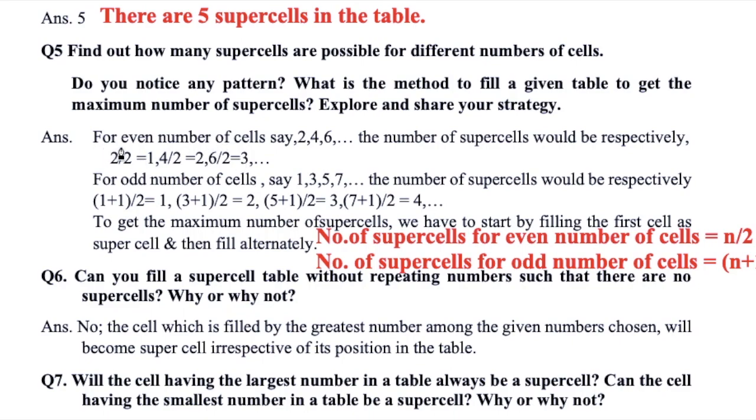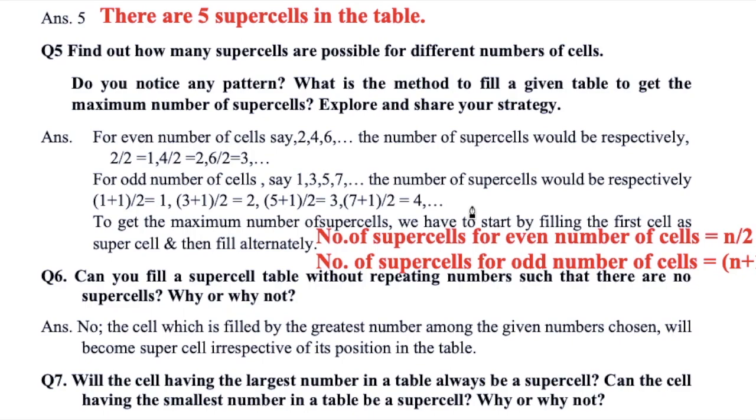So accordingly, you can explain with the even numbers 2, 4, 6. Then supercells will be 2 by 2, 1, 4 by 2, 2, 6 by 2, 3, and so on. Same for the odd numbers: 1 plus 1 by 2, that means 1; 3 plus 1 by 2, that means 2; 5 plus 1 by 2, that means 6 by 2, 3, and so on.